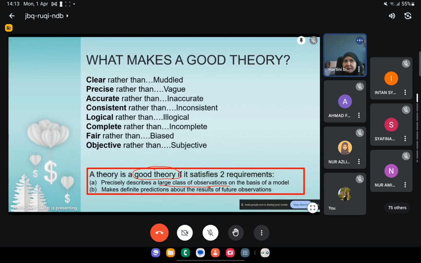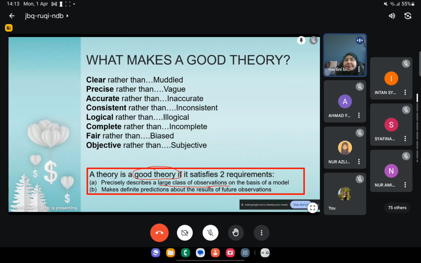So at that particular time, it was not considered to be a solid enough argument for the theory to be proposed. But anyhow, they kept on refining, adjusting, improving the theory, so they made the observation larger and larger. So at the end of the day, the theory is considered to be a good theory because it applies to a large class of observation.